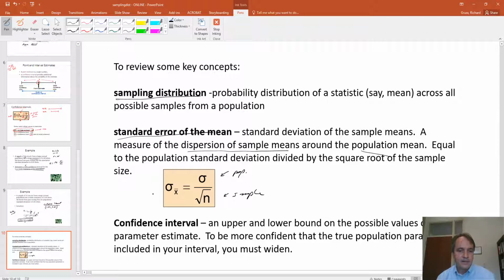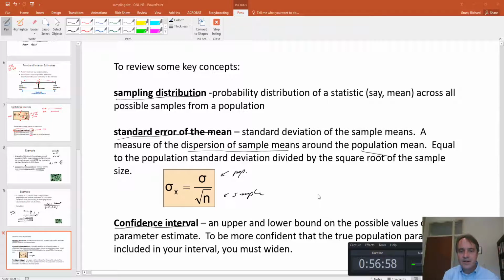Finally, we went over what a confidence interval is: it gives you an upper and lower bound on the possible values of the parameter estimate. To be more confident that the true population parameter is included in your interval, you have to make it wider. A lot to cover, but I hope that covers just about everything you'll need to know about sampling.